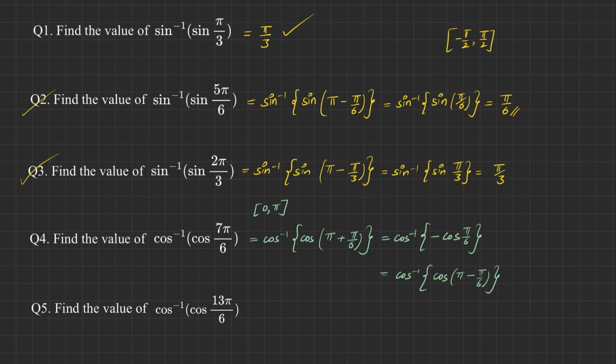We cannot write pi plus pi by 6 here, because if I write pi plus pi by 6, it is minus cos pi by 6, but pi plus pi by 6 does not belong to its range, okay? So that's why I'm writing pi minus pi by 6.